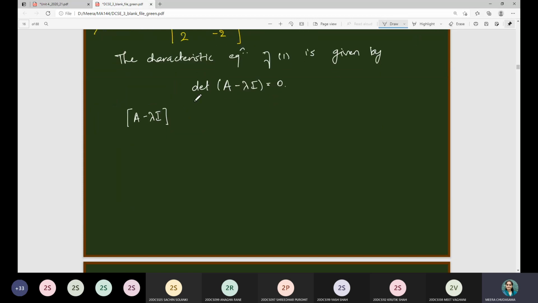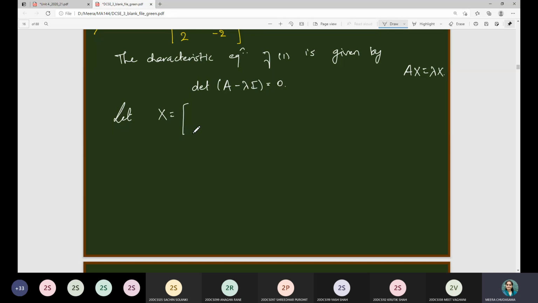Here I can write, later also you will need this expression, AX is equal to lambda X. So simultaneously I will choose X over here. Let capital X be, since A was an n cross n matrix, the column matrix x1, x2 up to xn. Here it is a 2 cross 2 matrix.